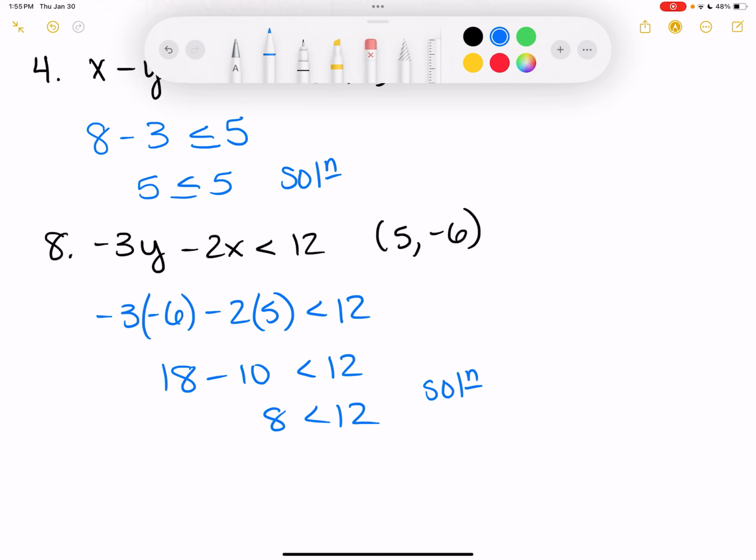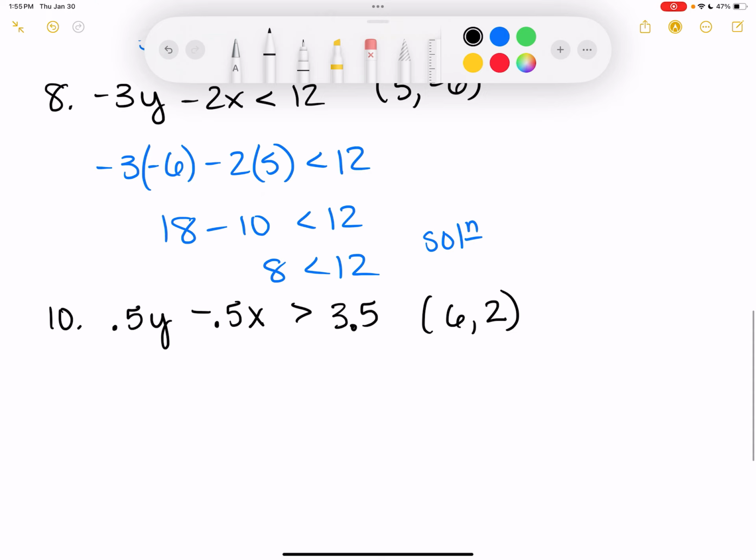All right, number 10. 0.5y minus 0.5x is greater than 3.5, and the point is (6, 2).